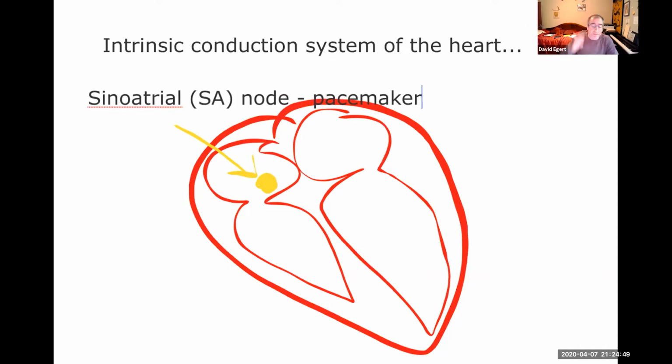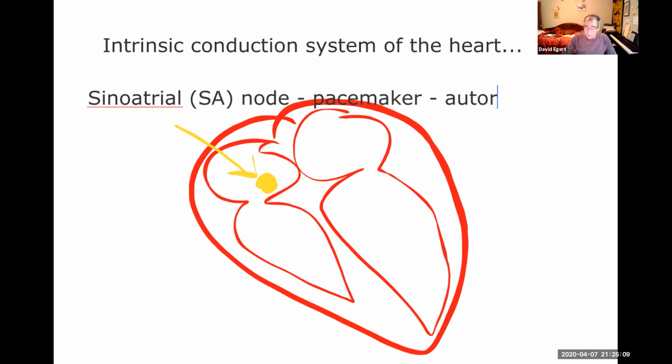This is the part of the heart that is going constantly. All the cardiac muscle actually is what we call autorhythmic, but the pacemaker node is what sets the pace for everything and kind of entrains, kind of coordinates it all.